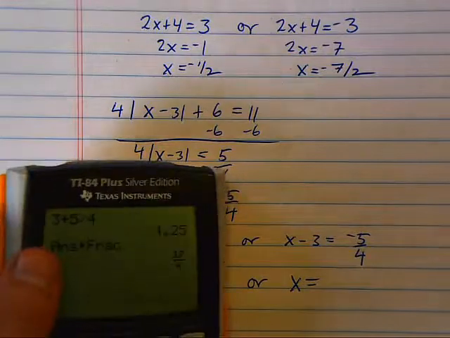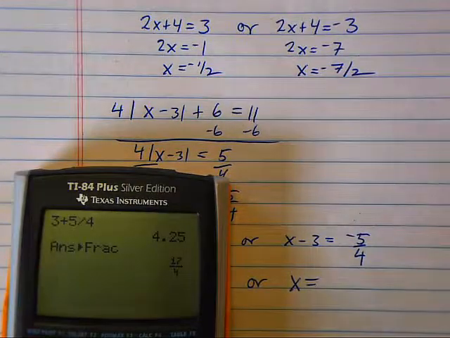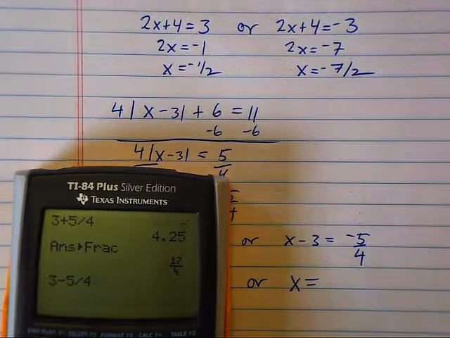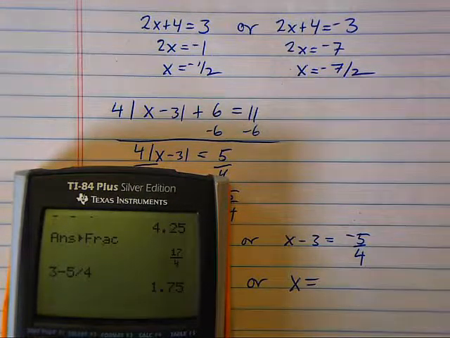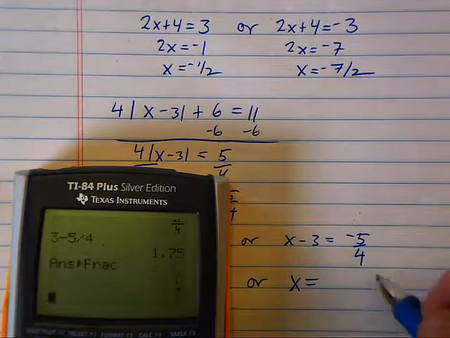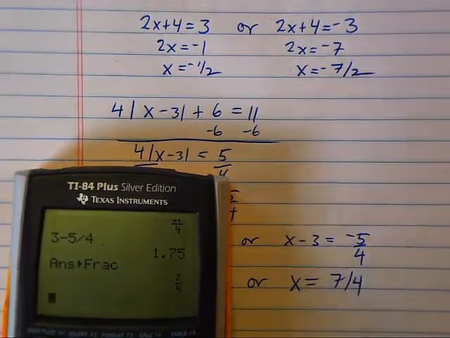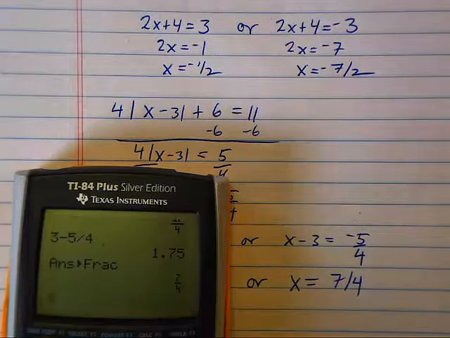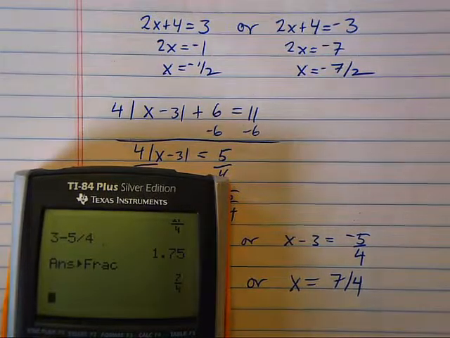You add 3 to both sides here, you're going to have 3 minus 5/4. The calculator will tell you that's 1.75, or it's 7/4. So the fact that you end up with a fraction over there should not be a death sentence in any way. Use your calculator. Calculator will handle the fractions for you nicely.